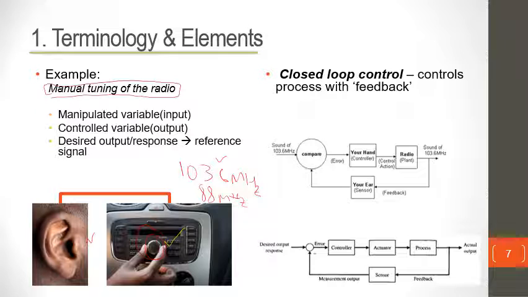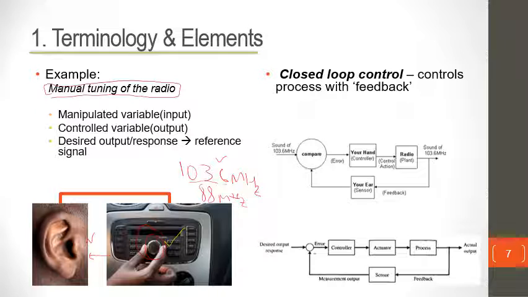So you will notice that when you tune the radio, you might tune it up to a point where it goes beyond the desired 103.6, where it might give you a noisy signal. Then you have to tune it back to the right frequency. So in this case, each and every time you're tuning, you are also using your ear to validate whether the radio has been tuned to the desired frequency that you want.